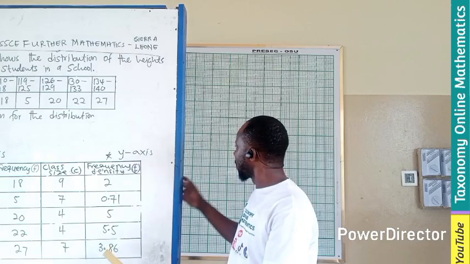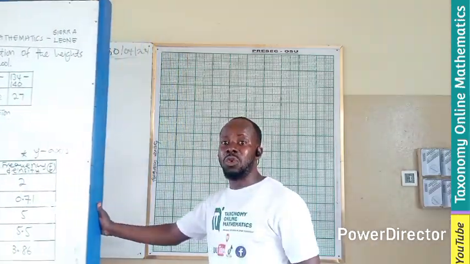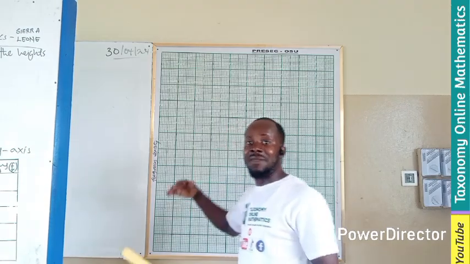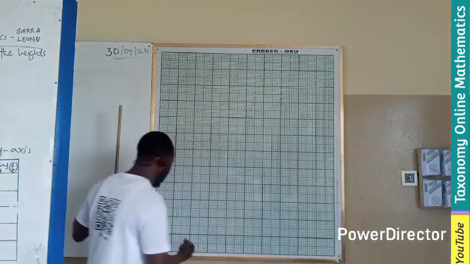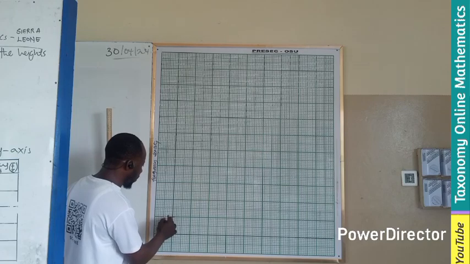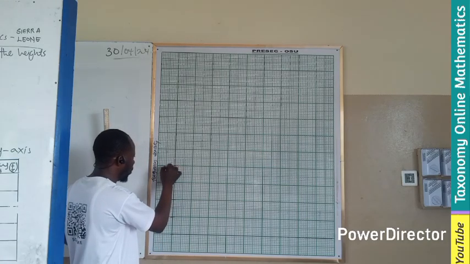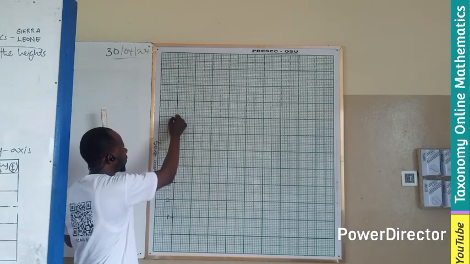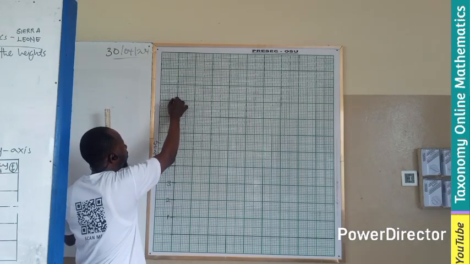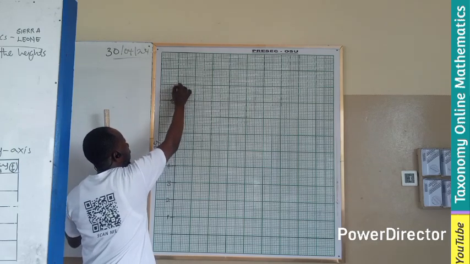Since the bar is long, if I pick 2 centimeters to 1 unit, I think I can cover all the values of the frequency density. So I should be having 0, 1, 2, 3, 4, 5, 6, 7, if possible 8. So I have a y-axis here.